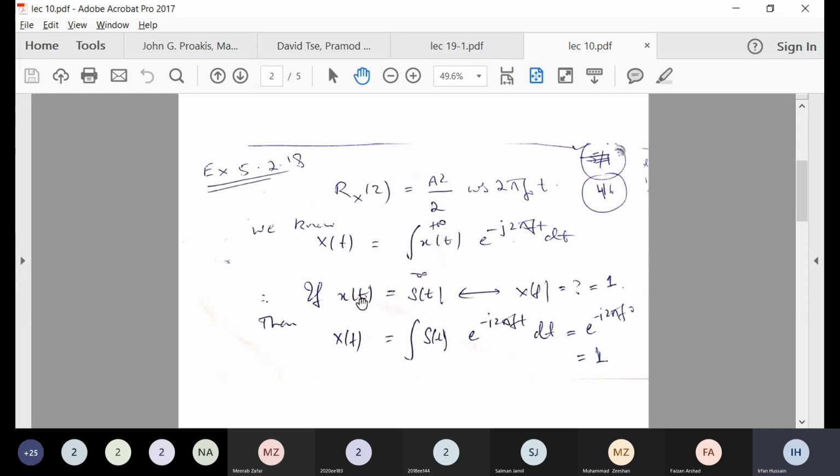First of all, just for revision, we know if your signal is impulse, then your Fourier is 1.